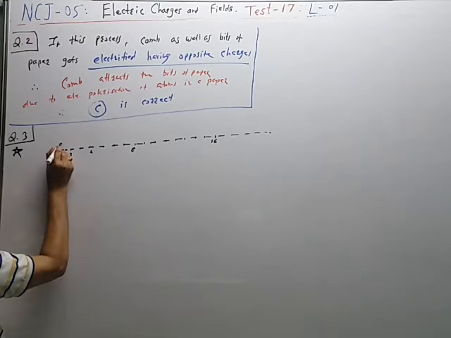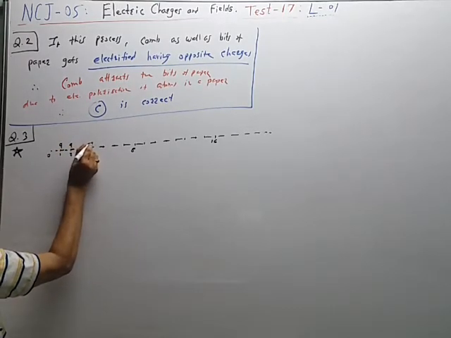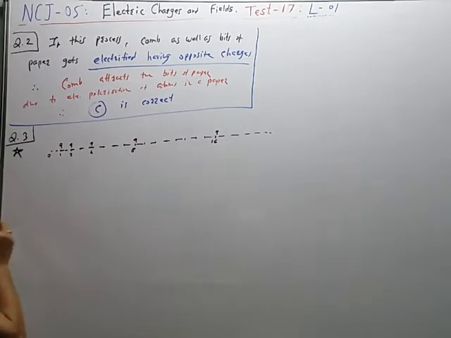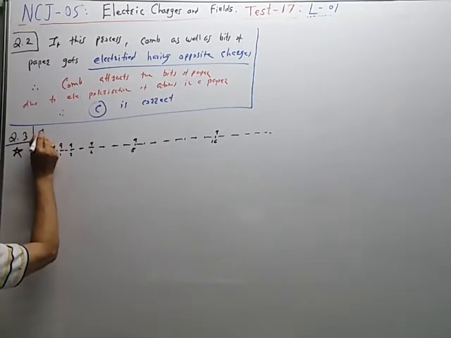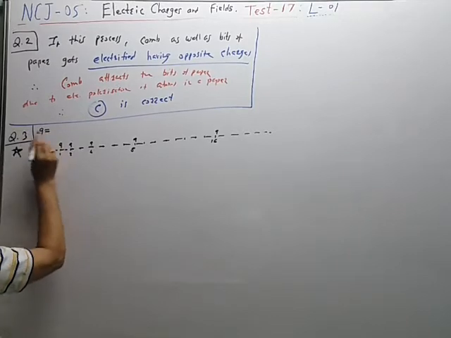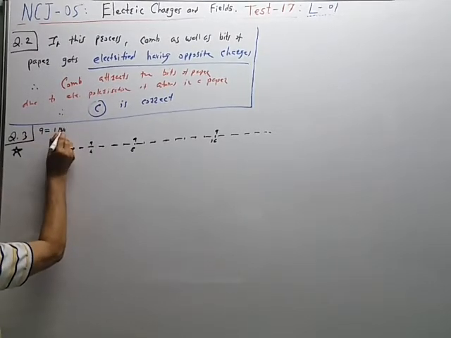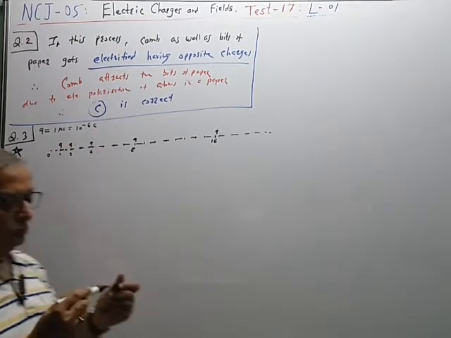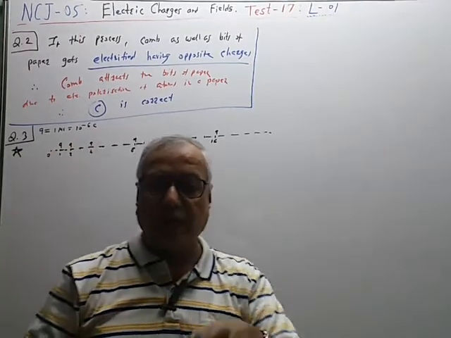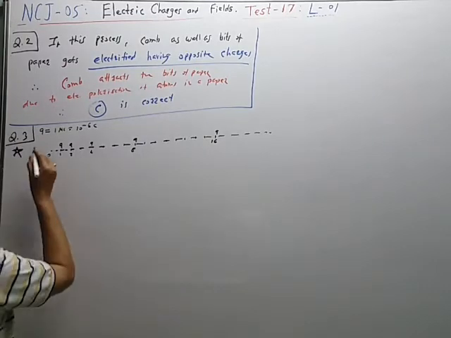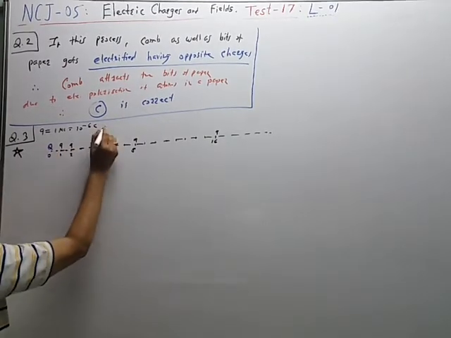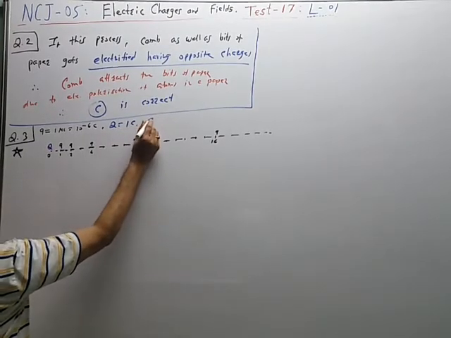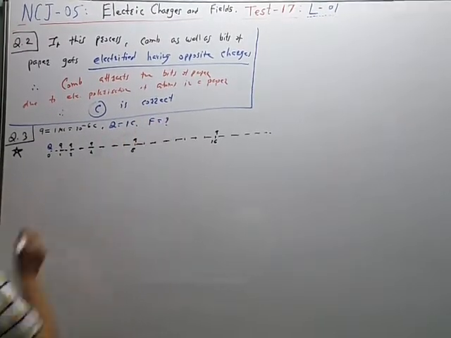So the charge Q is kept here. And this small q is equal to 1 microcoulomb, which is equal to 10 raised to minus 6 coulomb. At origin, a charge capital Q is kept, and this Q is equal to 1 coulomb. So we have to find the force F acting on the charge Q.